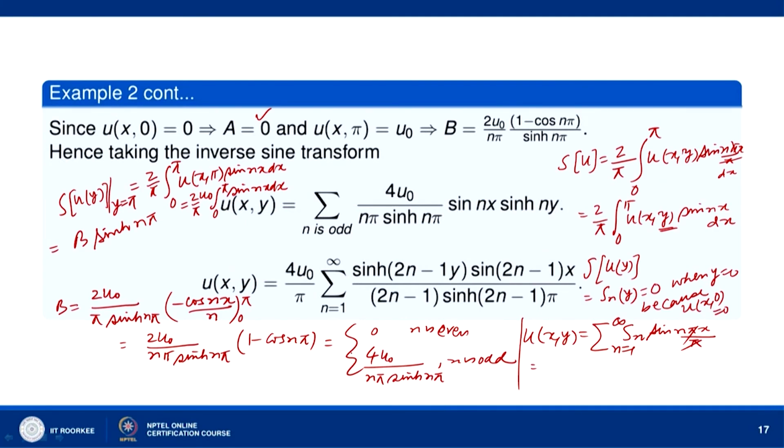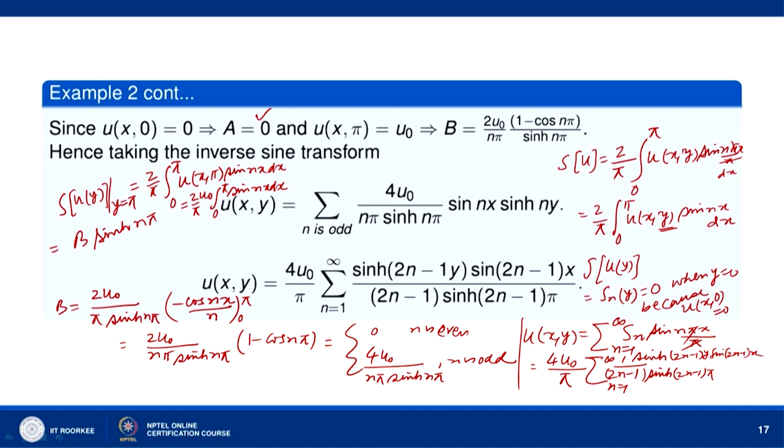So, this is 4 u naught divided by pi, summation with n replaced by 2n minus 1, so that n runs from 1 to infinity. So, 1 over (2n minus 1) sinh((2n minus 1) pi), and then we have sinh((2n minus 1) y) into sin((2n minus 1) x).